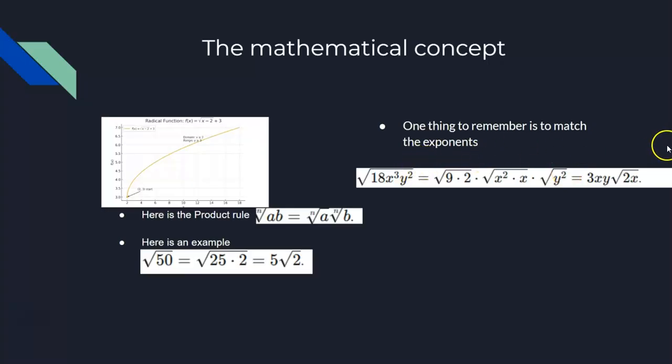After you get all of this together, it's just going to be 3xy radical 2x. That's because radical 9 simplifies to 3. 2 can't be simplified anymore, so it stays inside. Then x squared, you need to have the x on the outside. This other x can't be simplified anymore, so it just goes right here. Then the y squared is just y, so it goes right there.